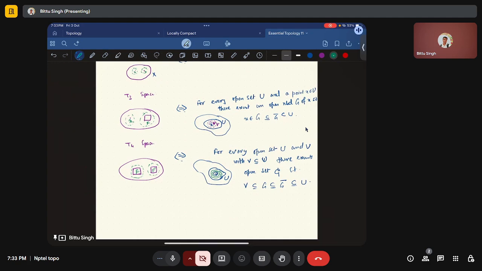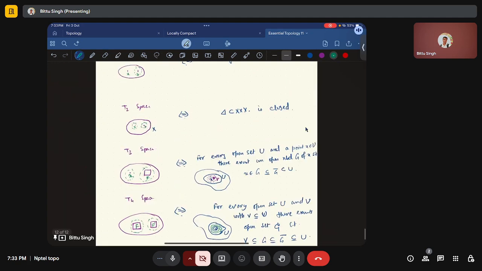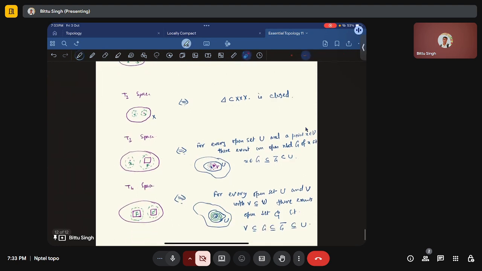Okay. So again, those are very similar. Even the proofs are very similar.